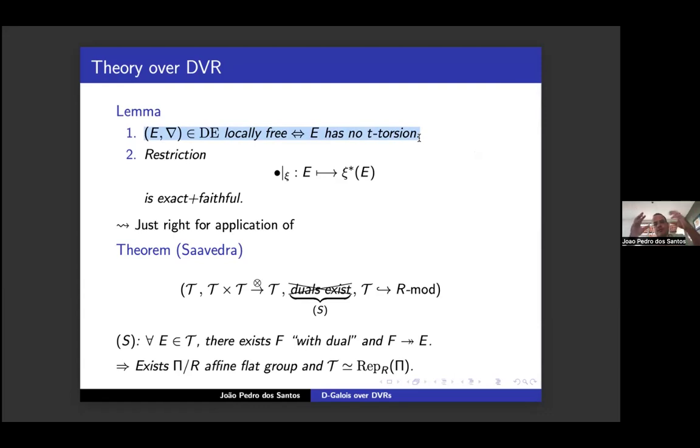A sub of something dualizable will be dualizable. That is a pretty strong condition, but that's because I'm working over a DVR. A submodule of a free module over a DVR is also free, at least in finite rank. And this is the good property that will allow us to verify this condition easily.